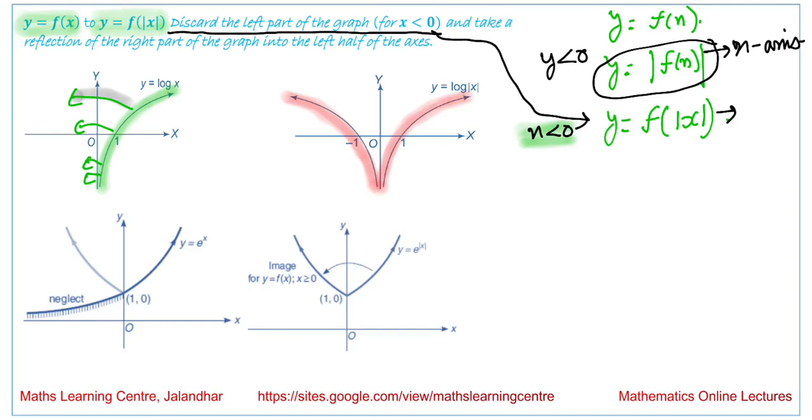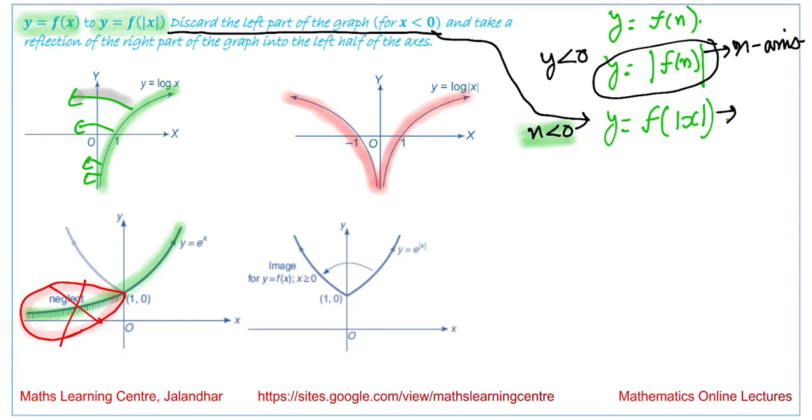Next is the graph of y is equal to e raised to the power x. This is the graph of y is equal to e raised to the power x. We have to neglect the portion for which the values of x are negative. The values of x are negative for this portion, so we have neglected this part.